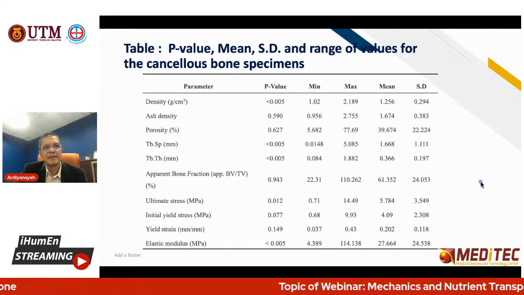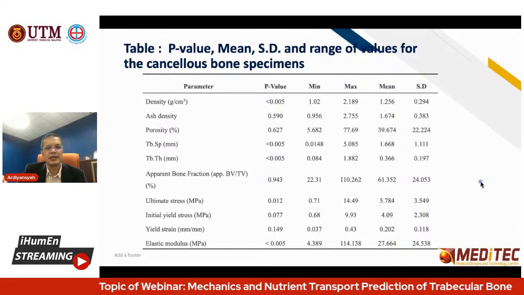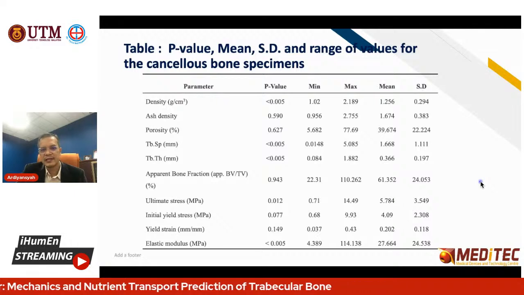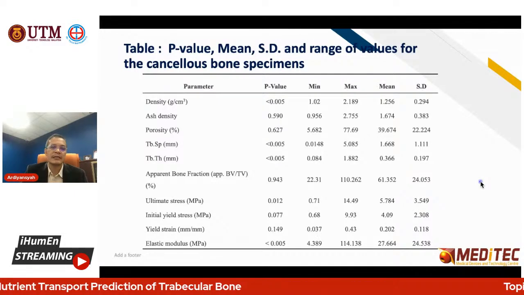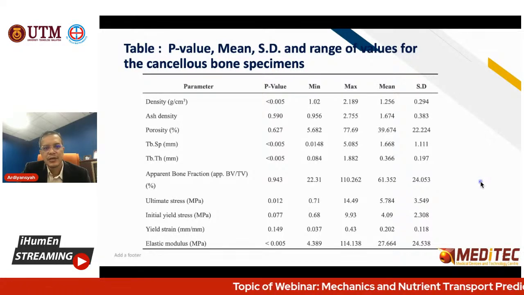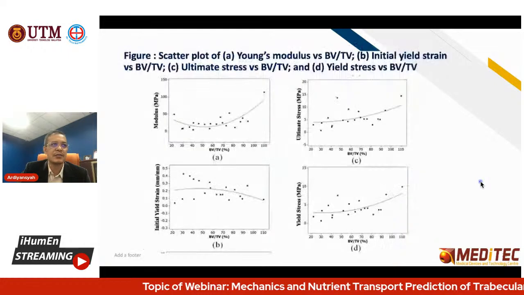Then you can also check the ultimate strength, initial yield strength, the yield strain, and the elastic modulus. Then you can study the effect of the mechanical properties due to the microarchitecture of cancellous bone.